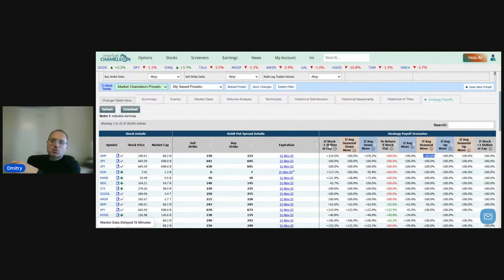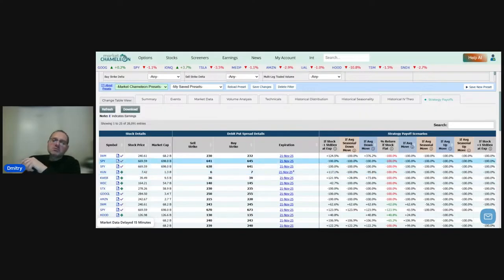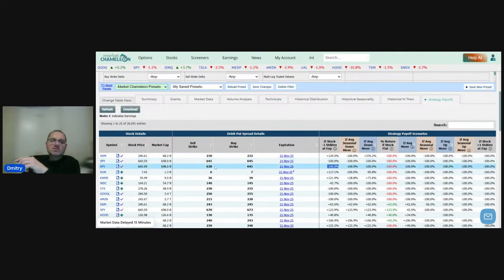So if the stock is down one standard deviation, this particular spread in IWM would return 124%. So whatever it is now, based on that expected one standard deviation move, this spread would be up 124% at expiration. You could see the others, they would need a bigger move. So a one standard deviation move is not enough for these spreads.